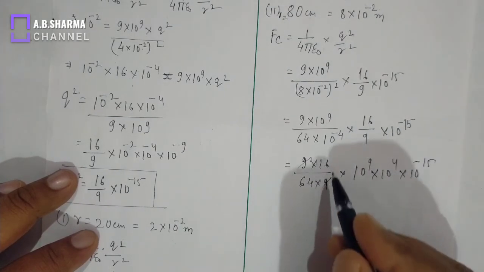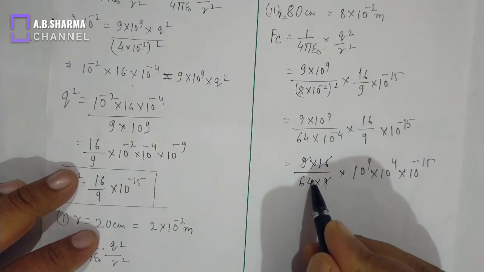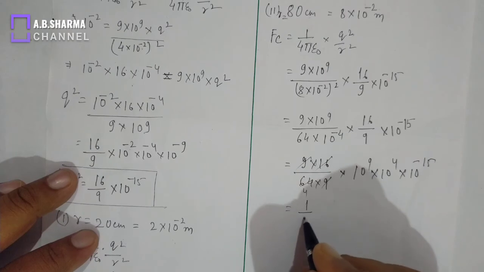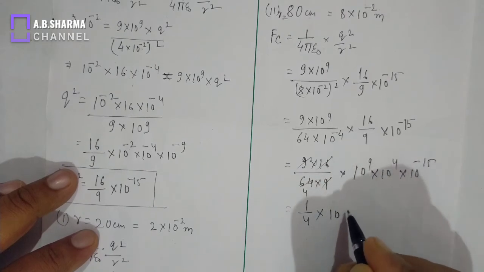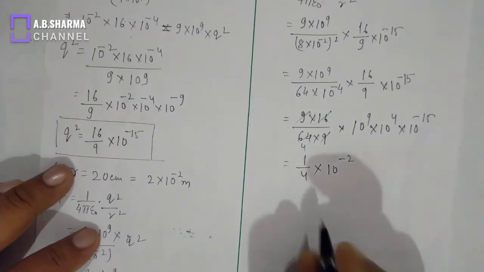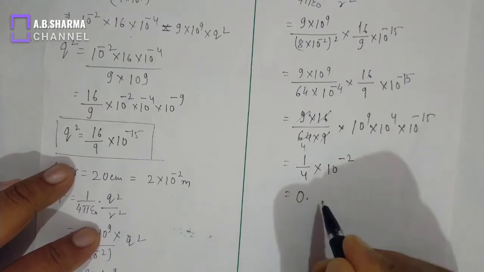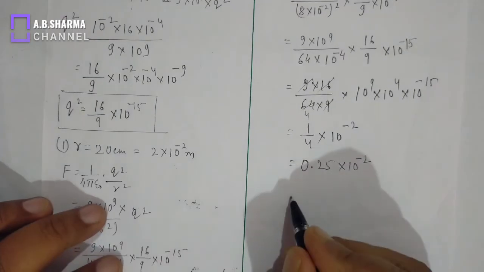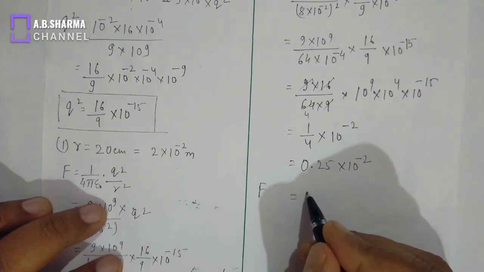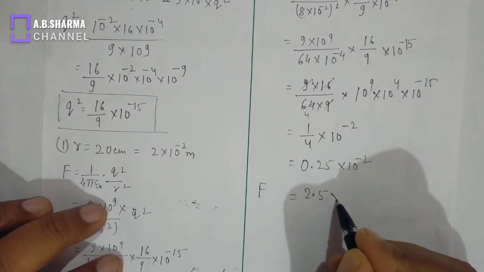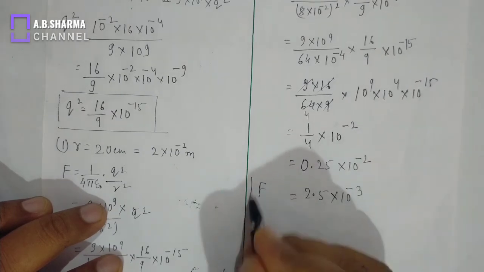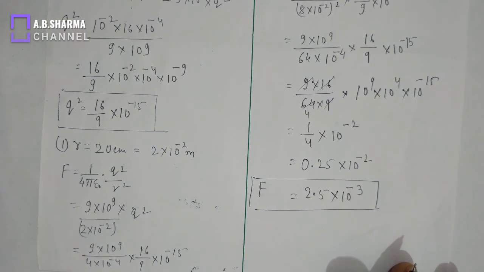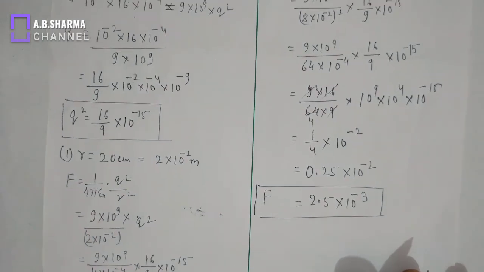So this 9 cancels out, this 16 by 64 becomes 4. So this becomes 1 by 4 into 10 to the power minus 2, or 0.25 into 10 to the power minus 2, or F equals 2.5 into 10 to the power minus 3. So this is the electrostatic force when the charges are separated by 80 centimeter apart.